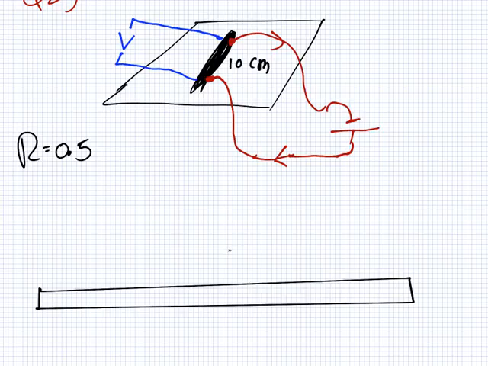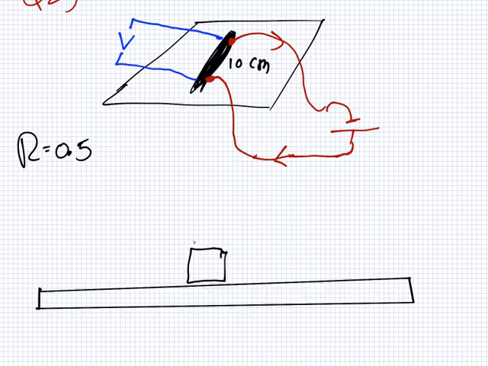A square. We can just go with a square, a simple square. But of course in real life the graphite will not be on the paper like this. It'll probably be something like this. But we'll just say it's a square, just so we can have some shape. The answer won't be perfect, but it'll be close.